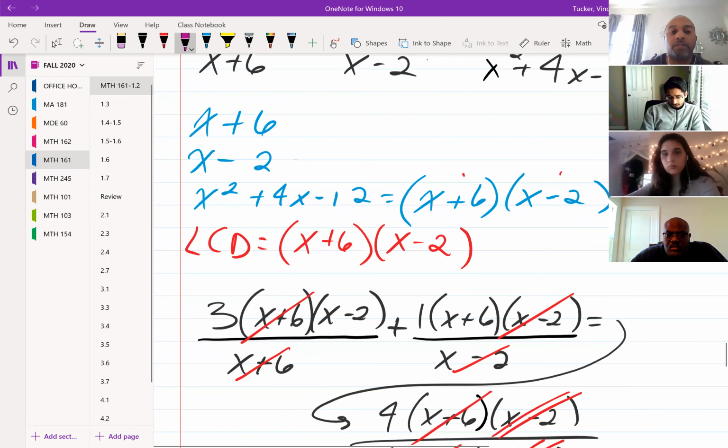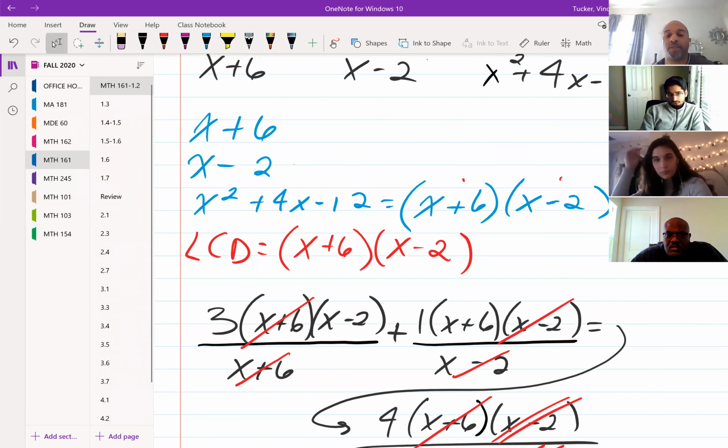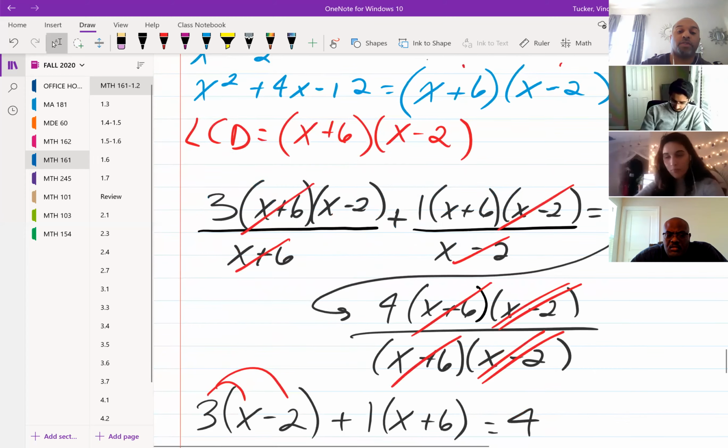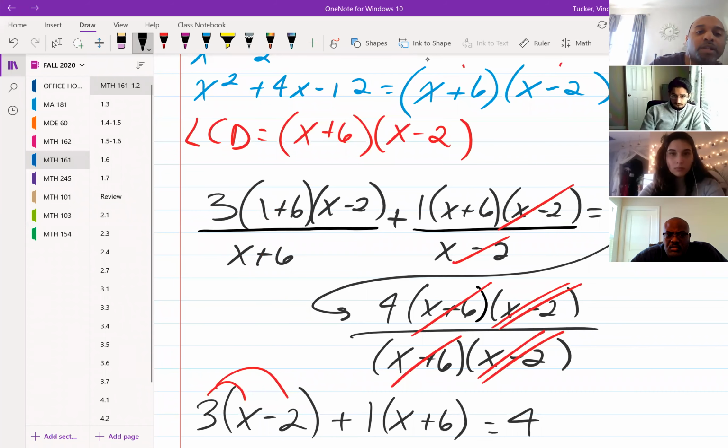All right. So now, once you've established your LCD, you're going to multiply each numerator by the LCD. Remember, our numerator is 3, 1, and 4. So that's what we did here. We multiply x plus 6. Let me move these lines. I don't want to cancel yet. I'm going to talk about it.